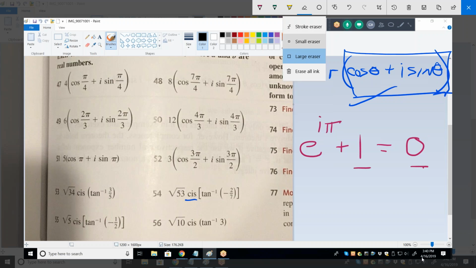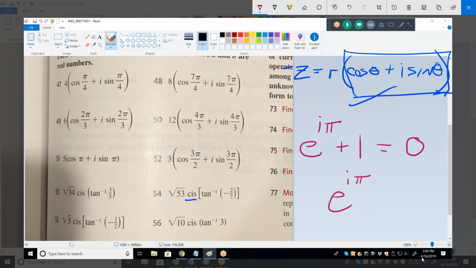Now, this is rather amazing if you think about it. What they're really saying is e to the i pi is equal to -1. This is 2.7, completely unrelated to pi, which is the circumference of a circle divided by its diameter.